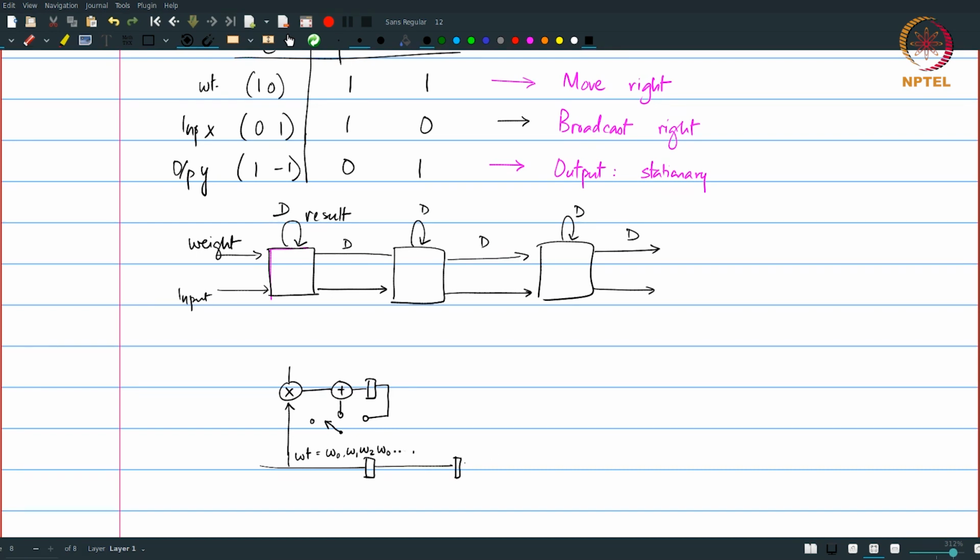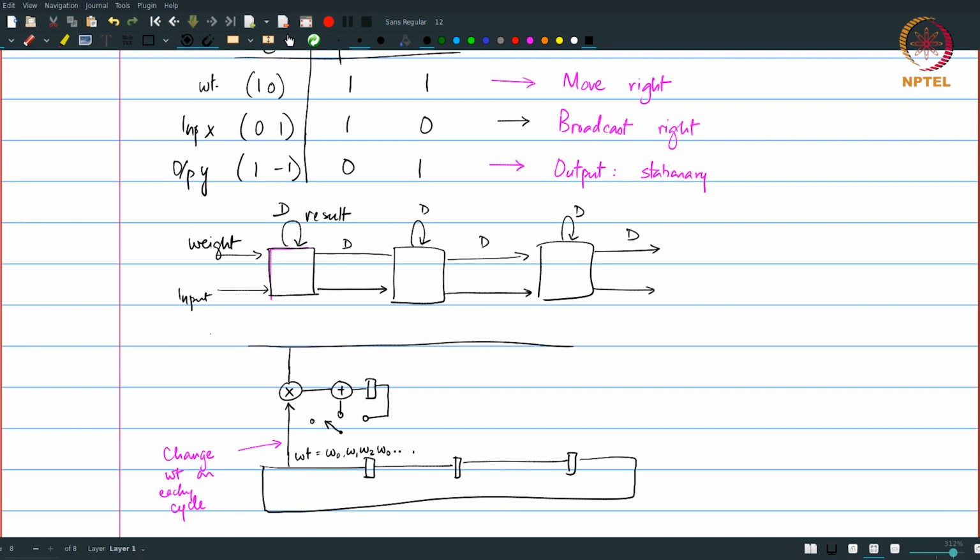So you can see that this is kind of an interesting architecture. Effectively, what is happening over here is that the weights are now going to keep changing. And the inputs are also going to keep coming in, but broadcast.